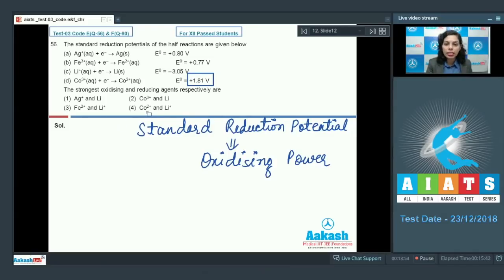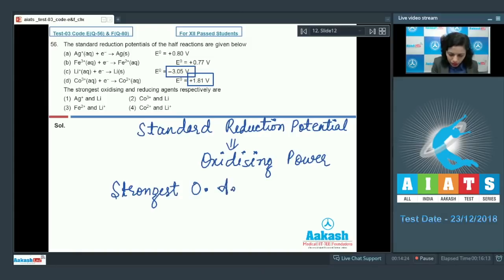While the least is for lithium ion, and in this case it is minus 3.05, the least value. Which is the strongest oxidizing agent? I'll just write here, strongest oxidizing agent, that would be Co3+.